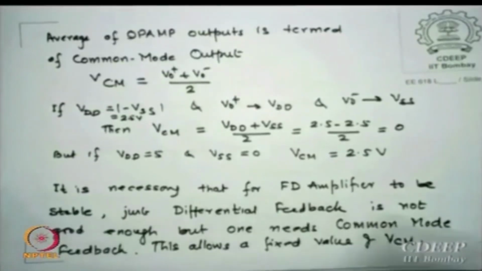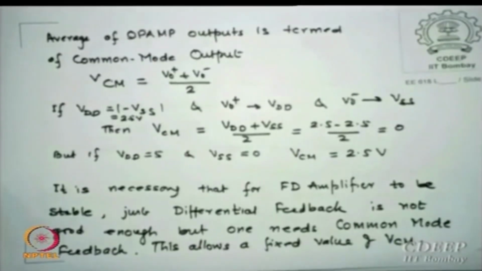So it is necessary for a fully differential amplifier to be stable; just differential feedback does not help you, and one needs what we call common mode feedback, or CMFB as the word goes, and this allows you to fix a value of VCM. Is that correct?